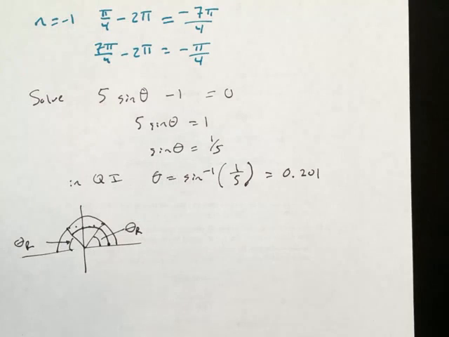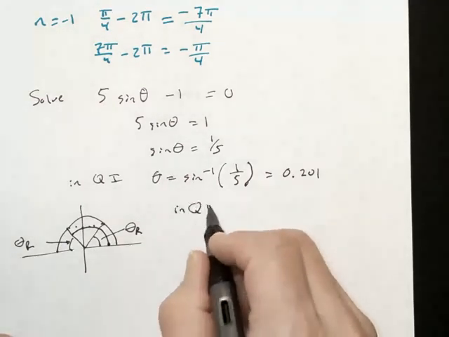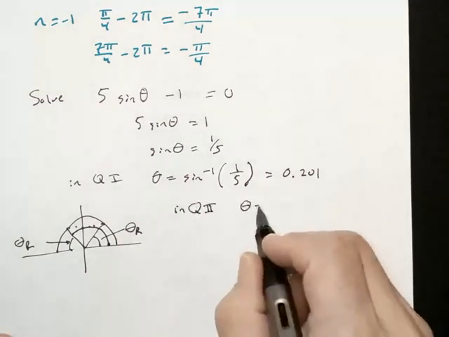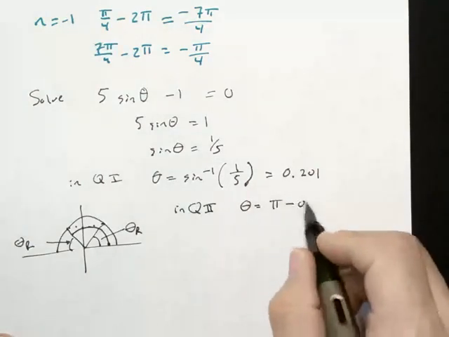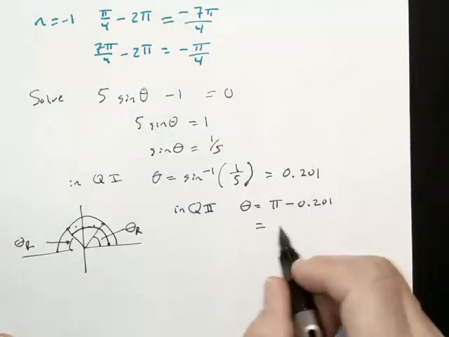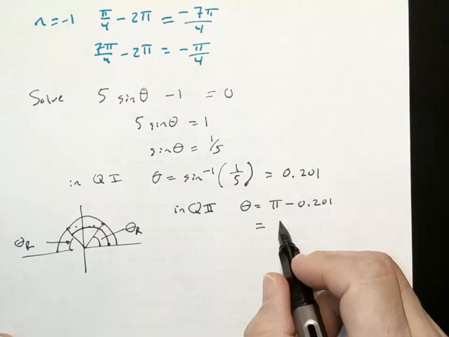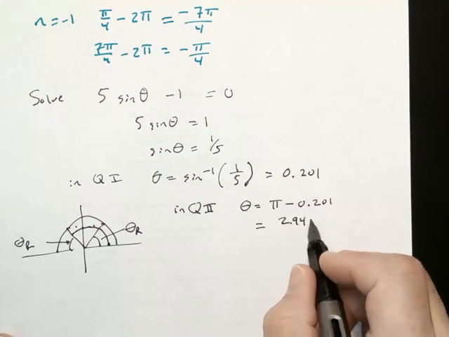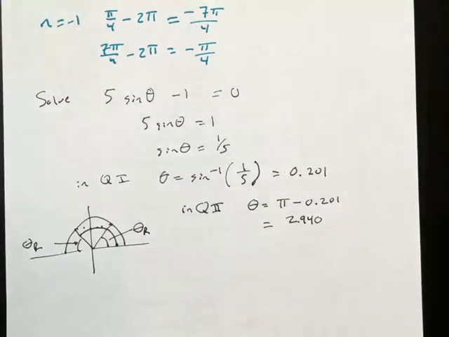So it's pi minus the reference angle. And again, to 3 decimal places, I get this. So that's step 1.